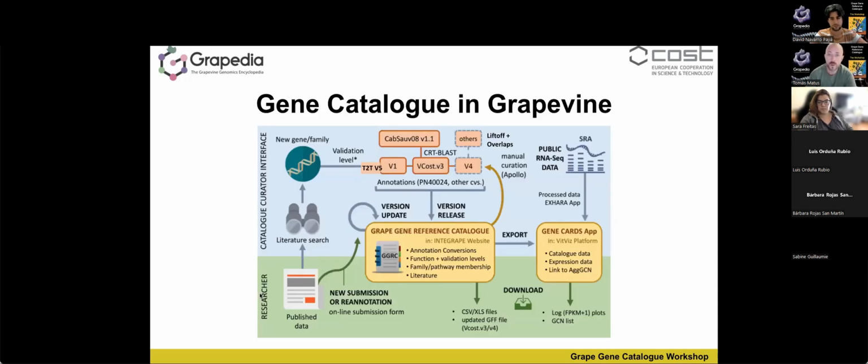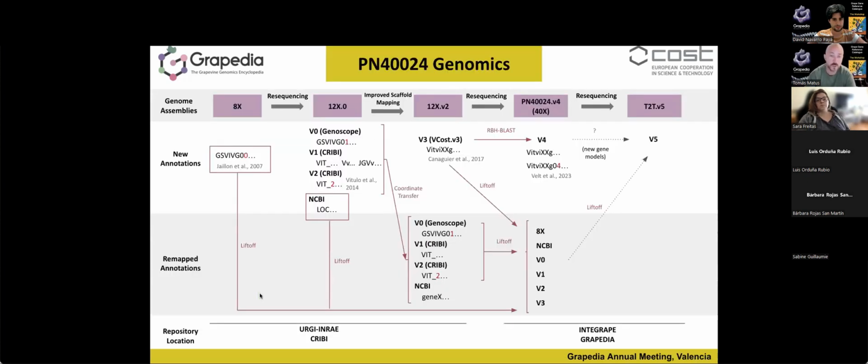So one of the things that we are also very much interested in is the correspondence of genes between different genome versions and different genome assemblies and different cultivars of different species. So in the case of the PN40024 reference cultivar, you know that we have, in the past 2 decades, several assembly initiatives and also several annotation versions.